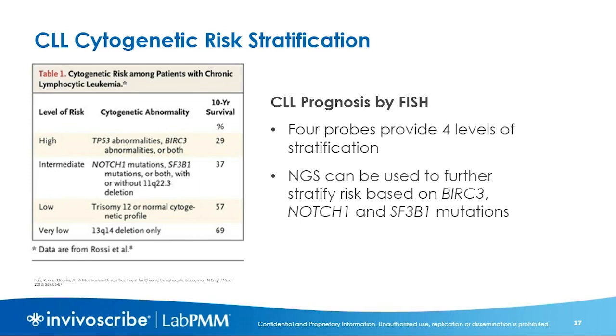The reason that we do this is the CLL FISH prognostic panel provides 4 levels of prognostication, essentially, which can be combined with NGS if indicated to further risk stratify by using NGS to try to detect BIRC3, NOTCH1 and SF3B1 mutations. Looking at the table, if you have a TP53 abnormality, the FISH can only detect the deletions.